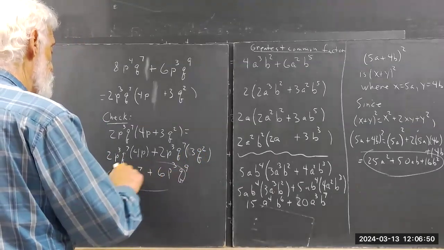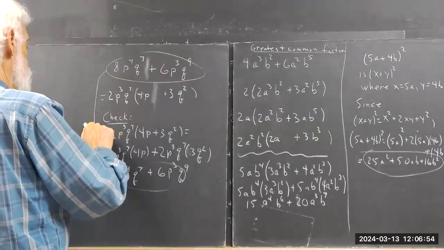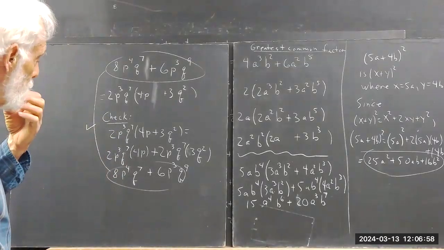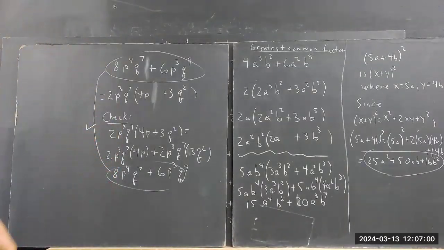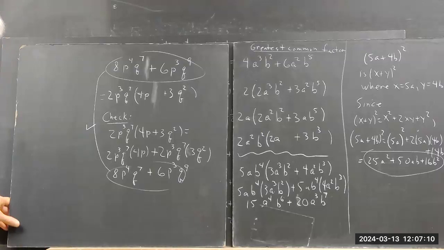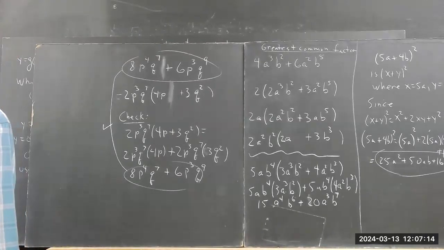So this agrees with this. So there's a check. And this takes you full circle. If you do this several times in several problems, you'll understand. Let me give you another one.